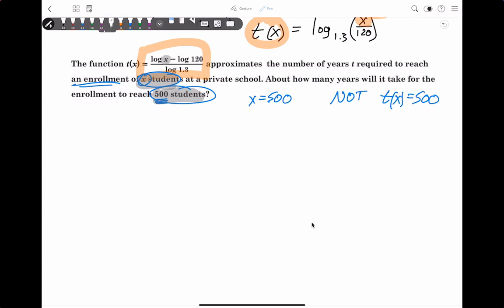And it says, how many years will it take for the enrollment to reach that? So it will take t years to reach 500 students, where x is right here as 500.